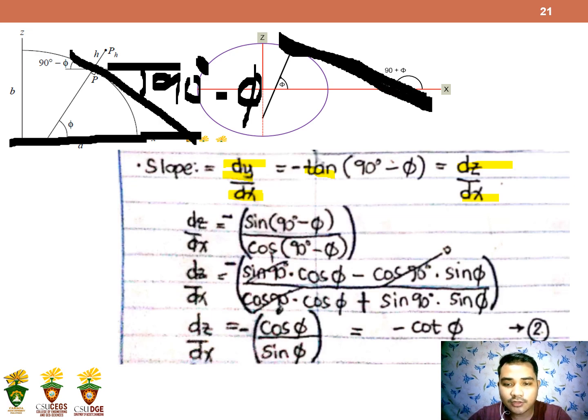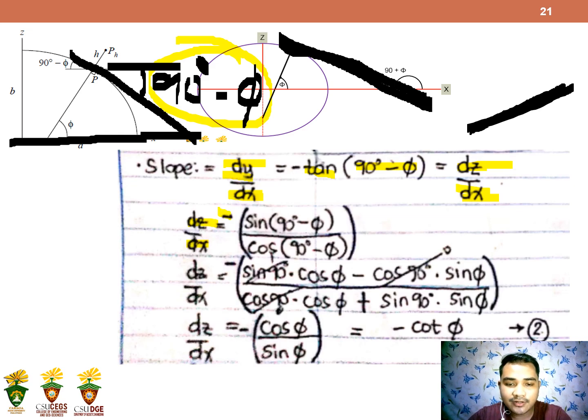If the line were going upward, or increasing, the slope would be positive. But since it goes downward, we use the negative. Negative tangent of the angle 90 degrees minus theta is equal to dz over dx, with the negative remaining outside.